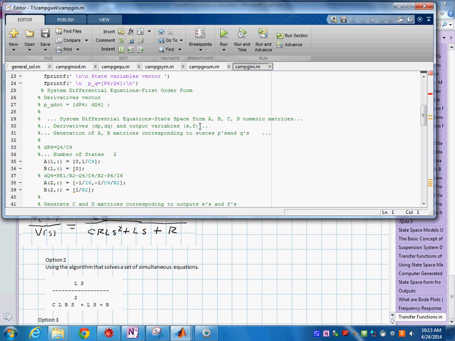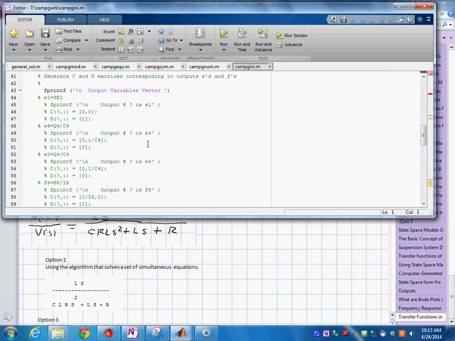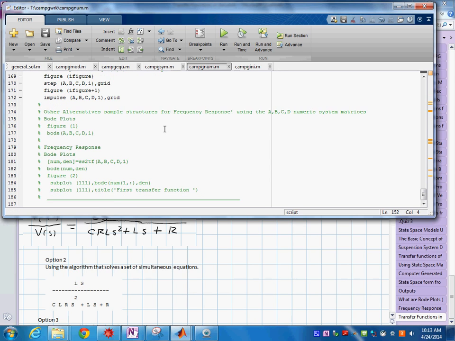But in this initialization file, you put the numbers in here, and you're going to get just the matrices. You have those initialized. Okay, so once you have them initialized, you can do it for the state space form. But this one, the numerical file, is the one that actually allows you to do the transfer functions here.